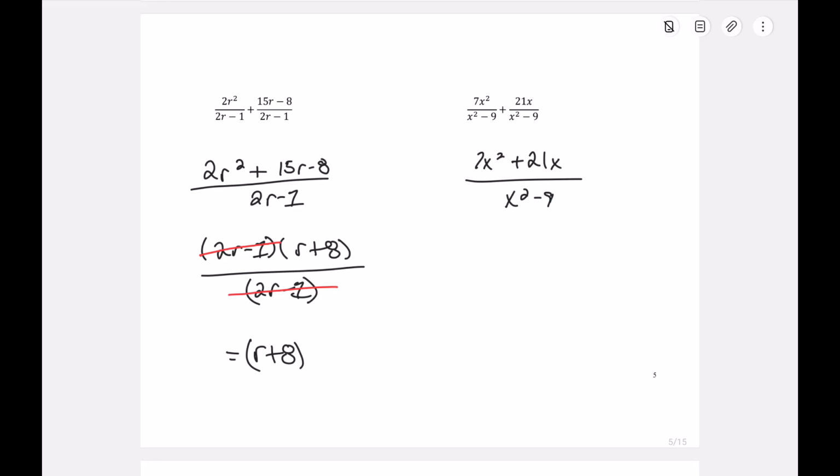If we factor the top, pulling out a 7, we get 7x times (x plus 3) all over, and since we have a difference of squares, we would have (x plus 3)(x minus 3). We can cancel an x plus 3 in the top and in the bottom, and we're left with 7x all over x minus 3.